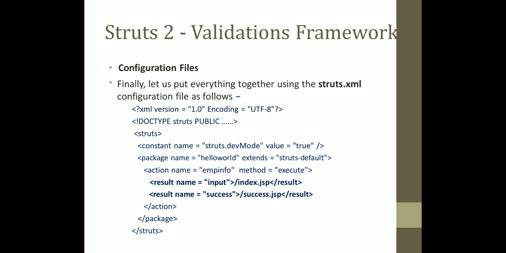Okay, so you can see the name, its input, and index.jsp plus success.jsp, and there is the end of result. Okay, so this will be related to the configuration file of the validation framework.